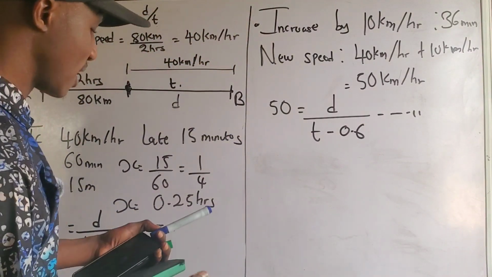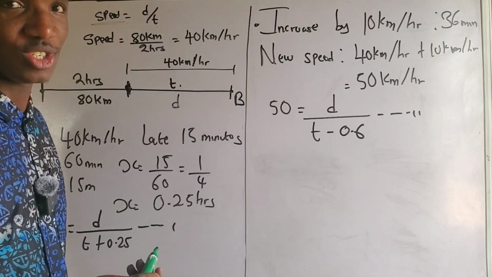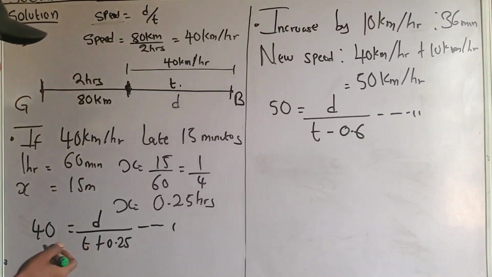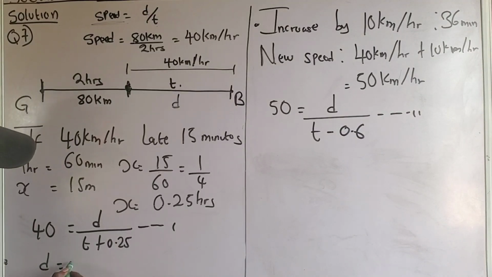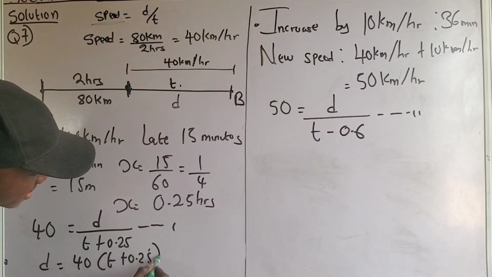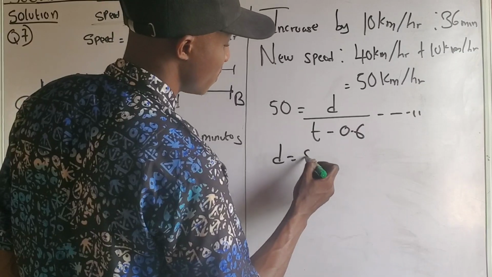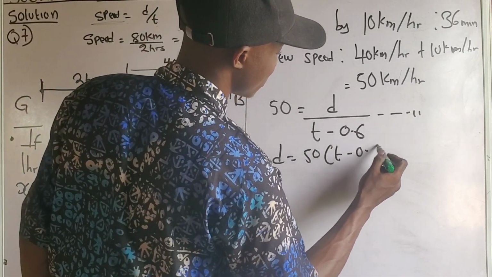Now, with respect to the equations that we have on the board, we can easily calculate the value of d. From equation 1, make d the subject of the formula. I'm going to have d equal to 40 multiplied by (T plus 0.25), right? This is from equation 1. From equation 2, d will be equal to 50 multiplied by (T minus 0.6).